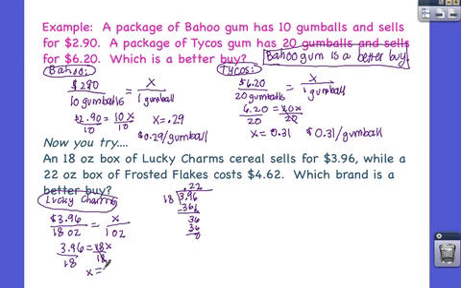And you find that x equals 0.22, which means that it costs 22 cents per ounce for the Lucky Charms. Now, let's find the unit price of the Frosted Flakes.